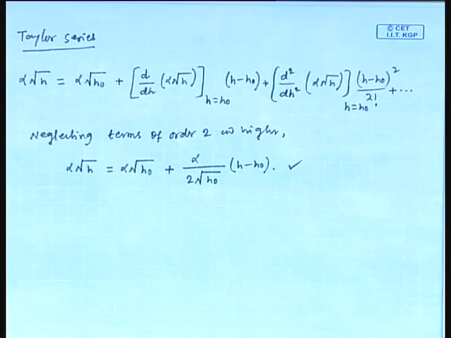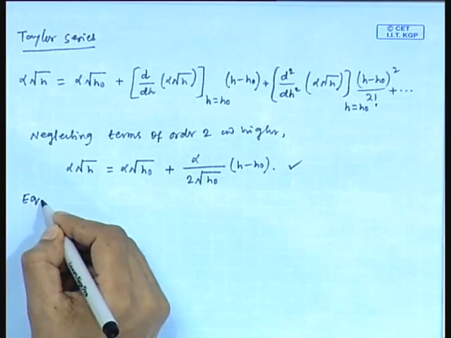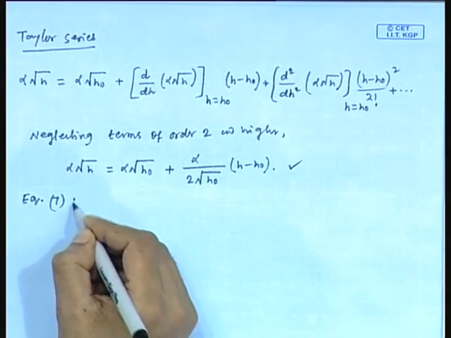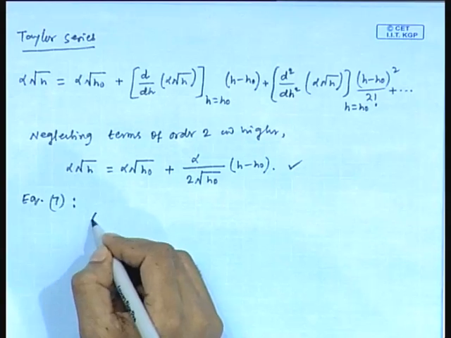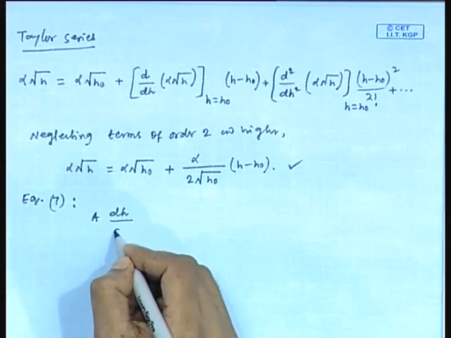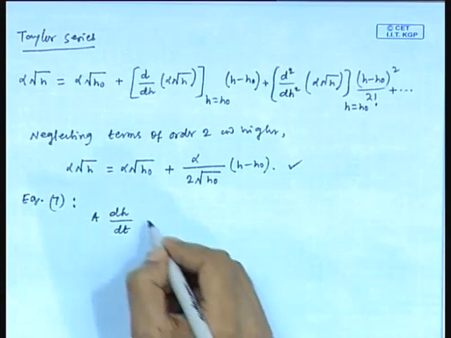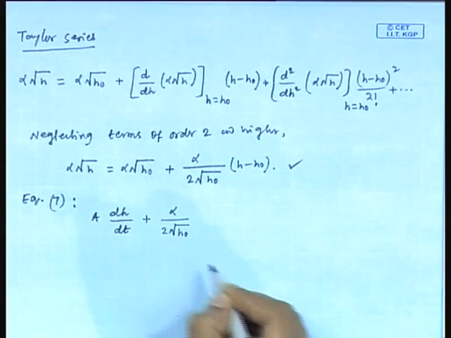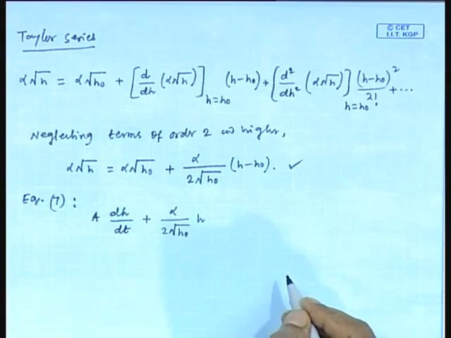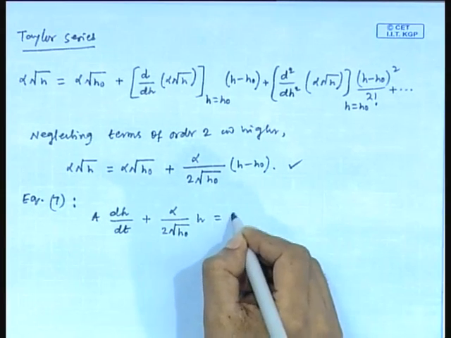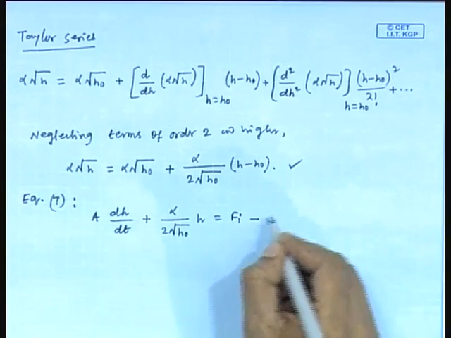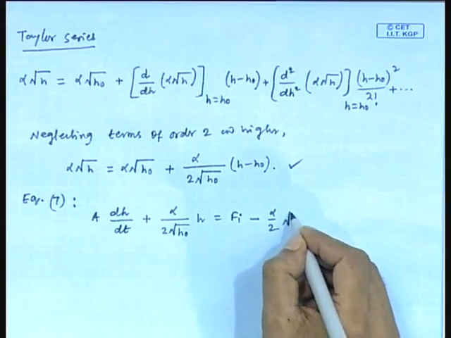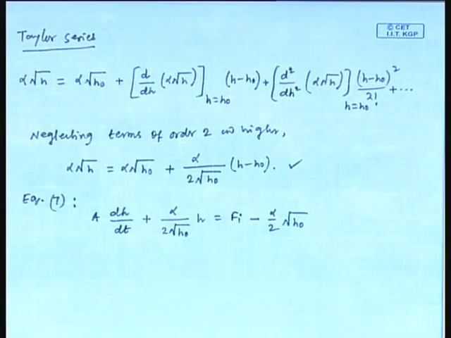Now, we will substitute this alpha root h term in equation 7. If we substitute in equation 7, then we get A dh dt plus alpha divided by 2 root h naught multiplied by h equals F_i minus alpha by 2 root of h naught.